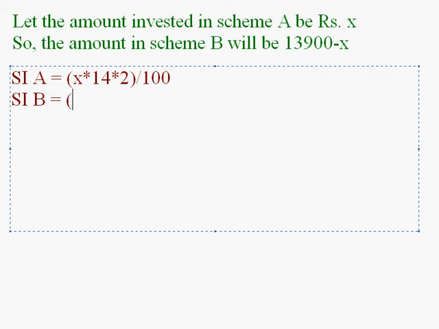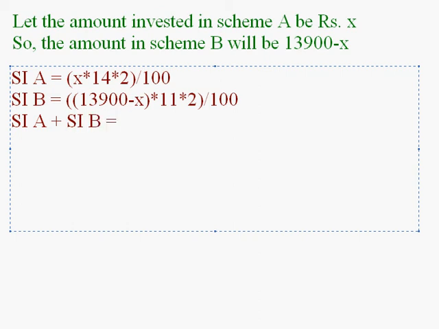Similarly for scheme B, it will be 13,900 minus X times 11 times 2 divided by 100. Alright, so when you add them up, simple interest A plus simple interest B, they are given to be in the question equal to 3508.